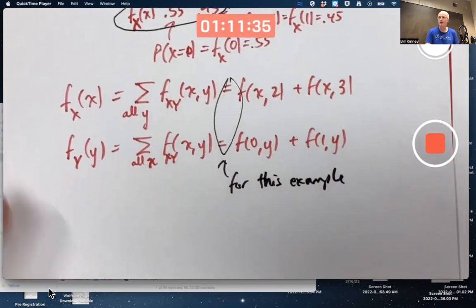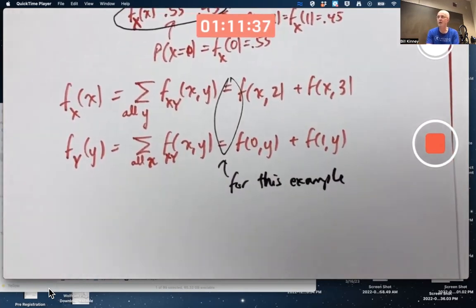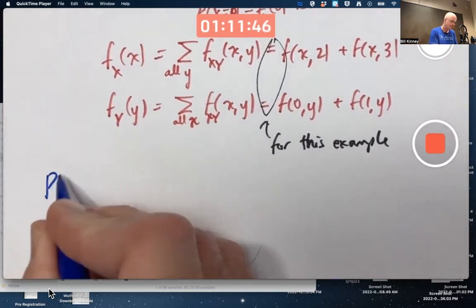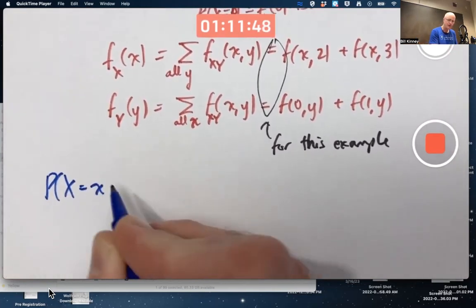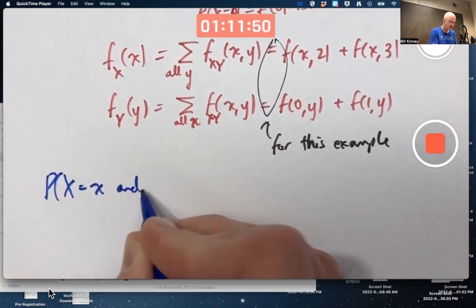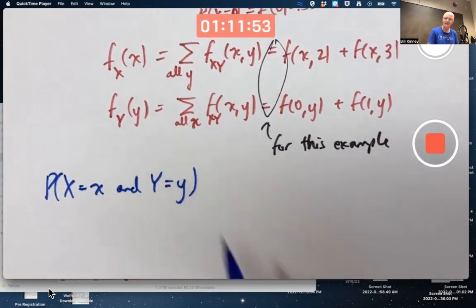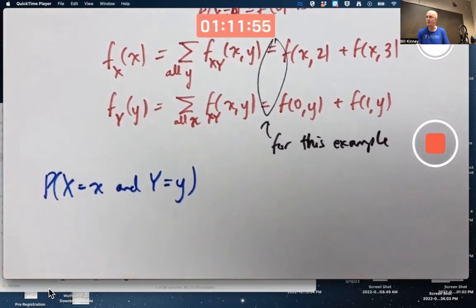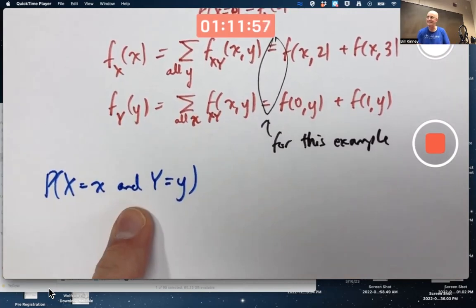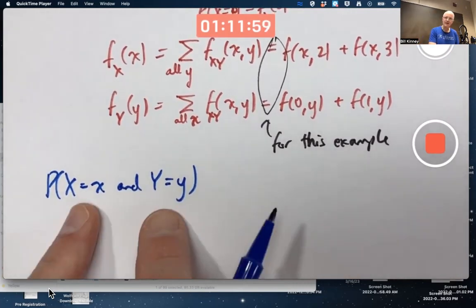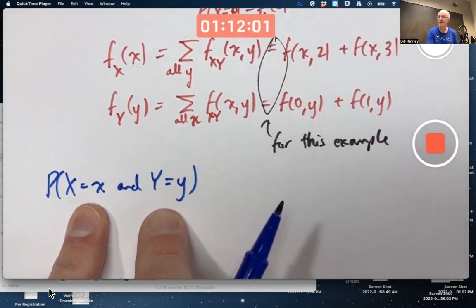I think it's also worth, in this context, right away here, emphasizing the idea of independence. I'm using notation that's not completely consistent with chapter 2 right here. I'm using the word and. I'm also not using an A and a B representing events.